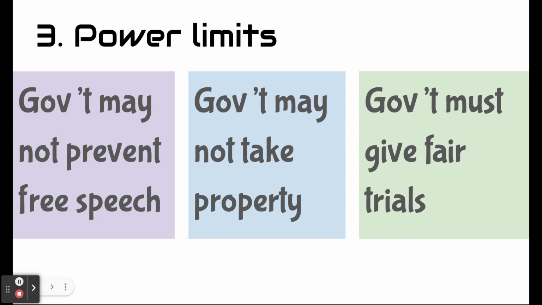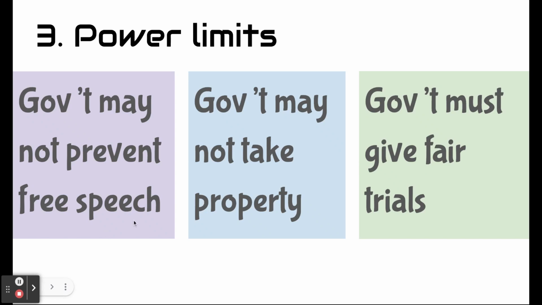Number 3, power limits. So the government may not prevent freedom of speech within reason. You cannot go into a crowded theater and yell fire as a joke. And you can't have threatening statements to certain people at certain times.